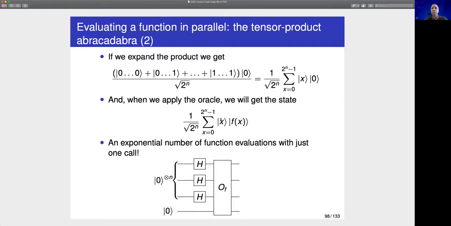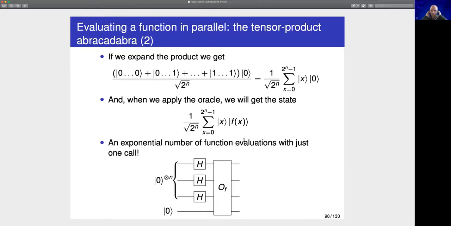But we are doing this by linearity on all possible values of x at the same time with just one call, because you see here that the circuit only has one use of the oracle f. So we are doing an exponential number of function evaluations with just one call.